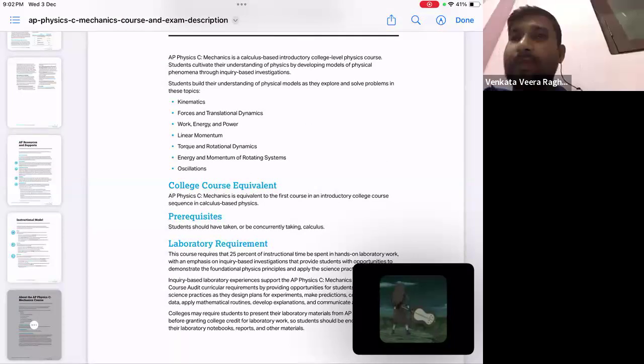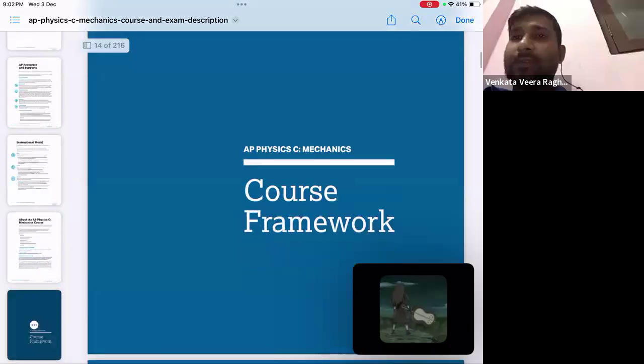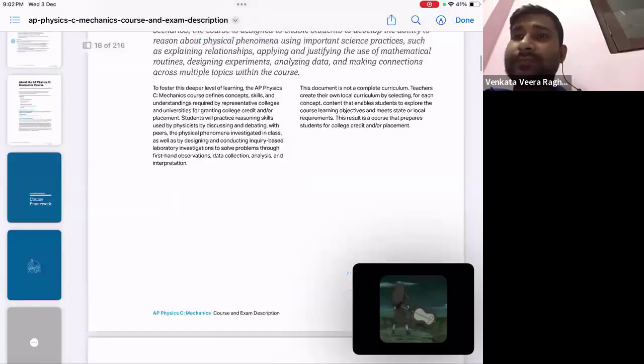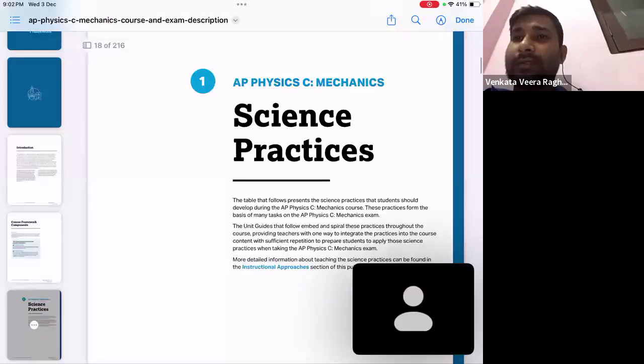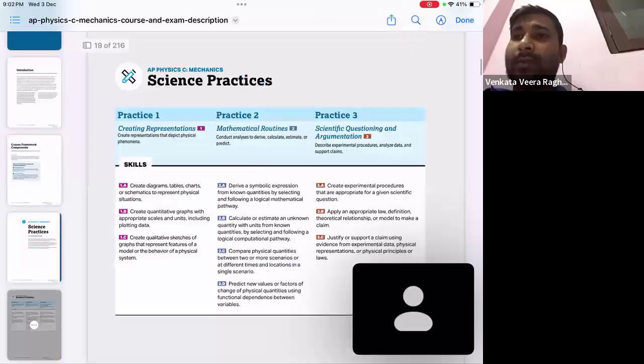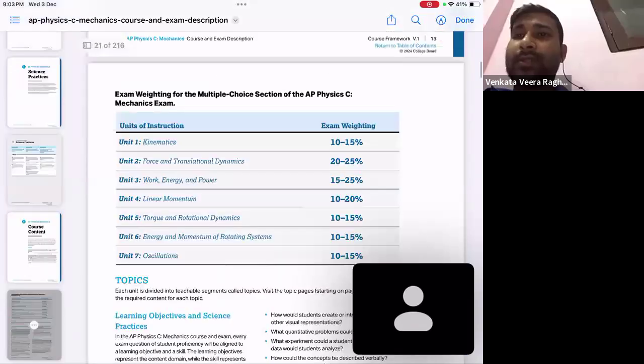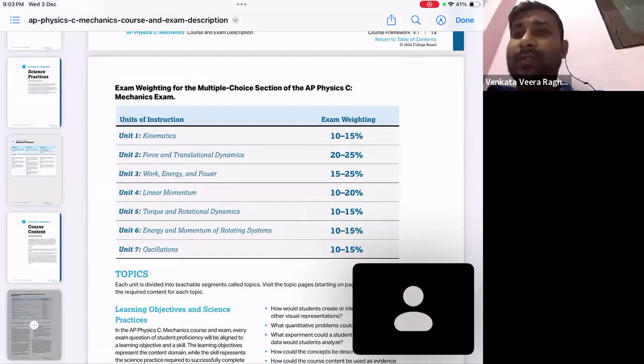Right. So these are the topics we have, a total of seven topics in the mechanics part. From kinematics, then force, then work, energy, power, and momentum, including momentum conservation and how to calculate the momentum of a particle.